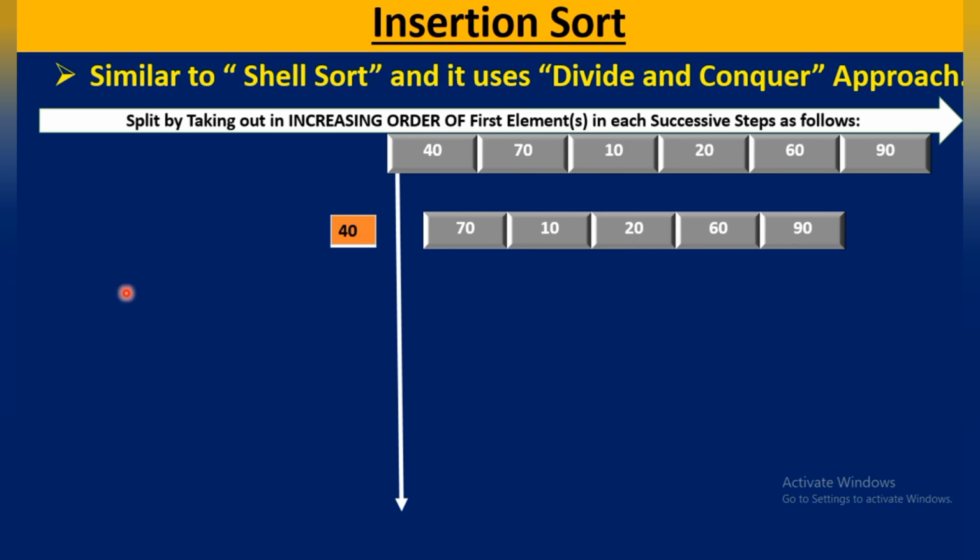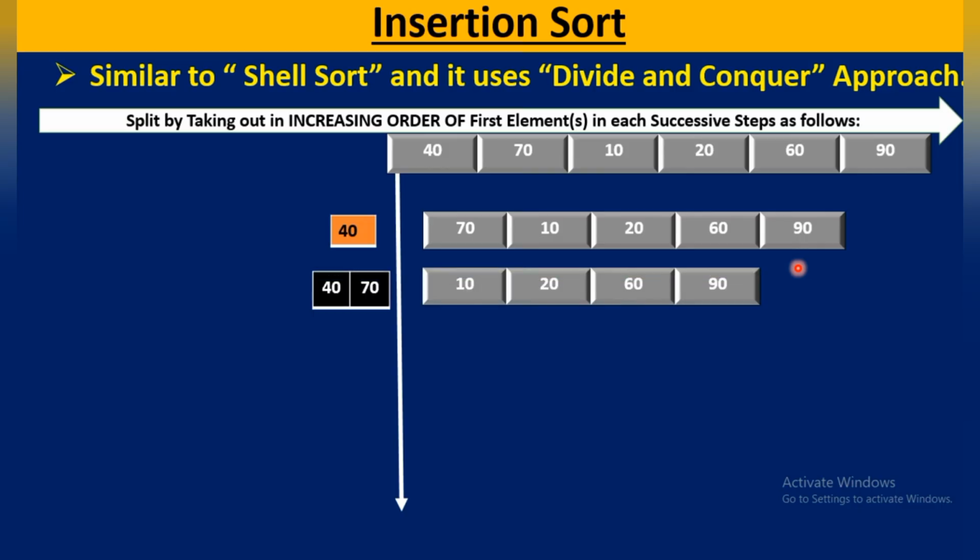Take from right, put in left. What is the first element present? The first element is 40, so add it over here. The remaining elements are 70, 10, 20, 60 and 90. Put them in the same order as given.